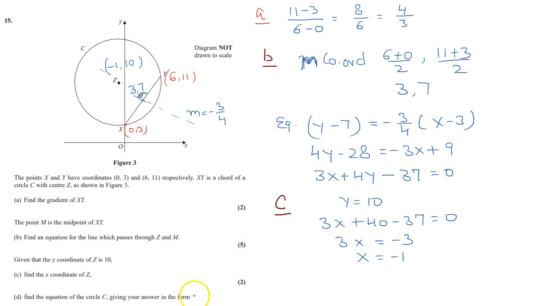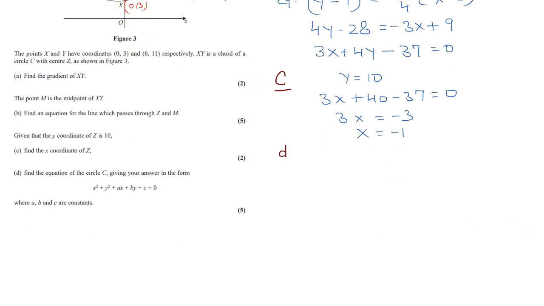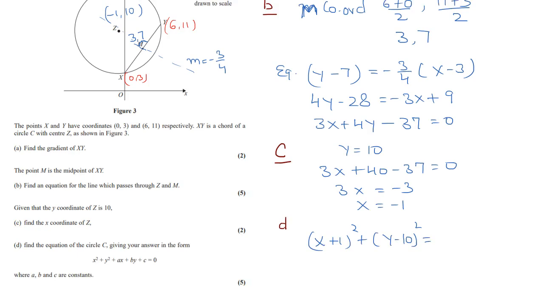Find the equation of circle. So D part, the equation of circle will be x minus a square plus y minus b square is equal to r square.